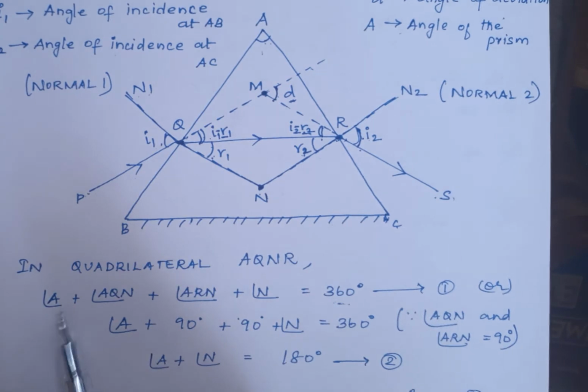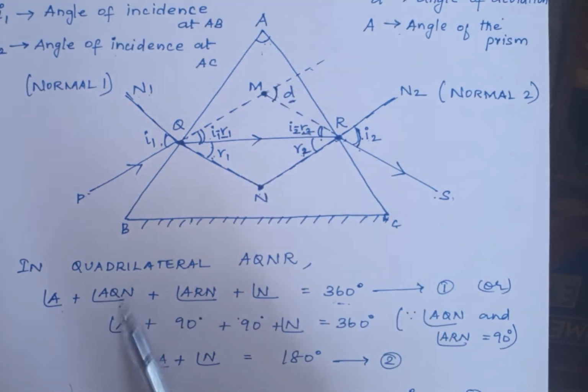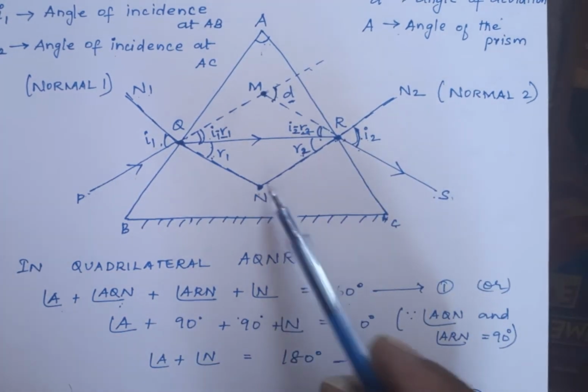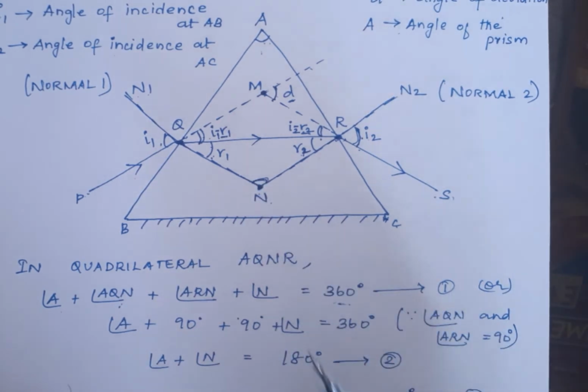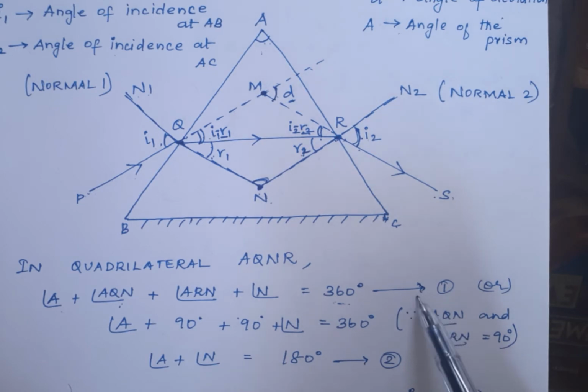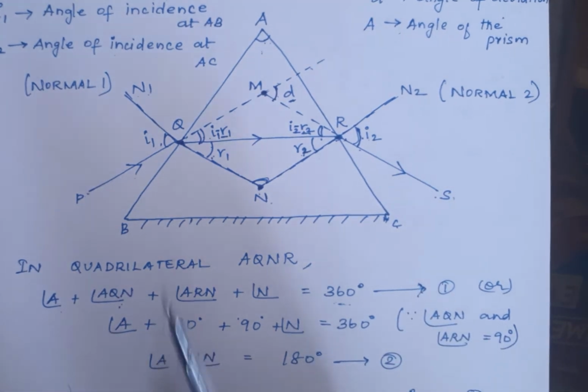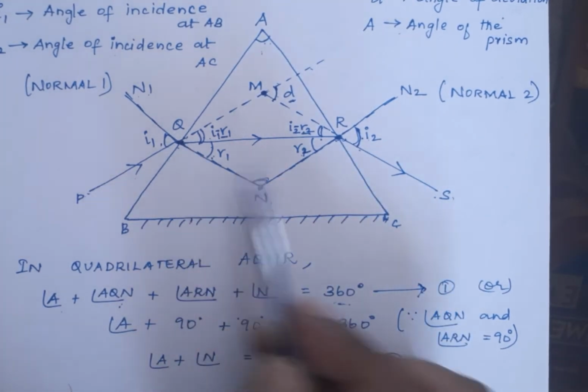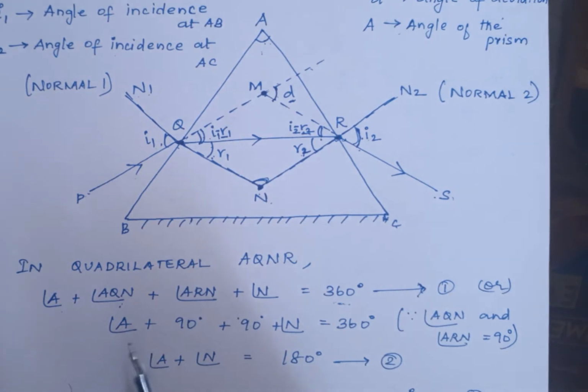That means angle A plus angle AQN plus angle ARN plus angle N equals 360 degrees, because the total angle constituted by a quadrilateral is 360 degrees. And since angle Q and angle R are formed with normals, each is 90 degrees, so A plus 90 plus 90 plus N equals 360 degrees.